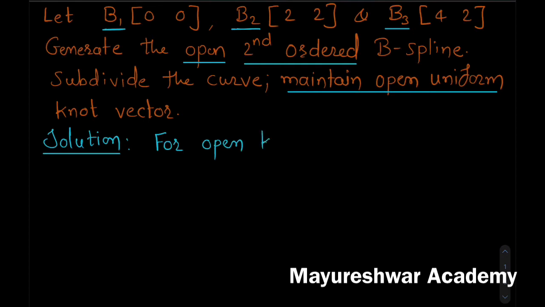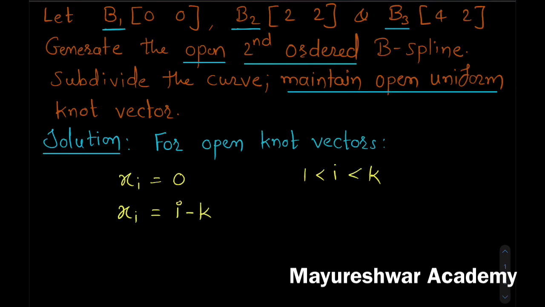So for open knot vectors, the recursive relation is: x_i is equal to 0 if i is in the interval 1 to k, and x_i is i minus k when i is in the interval k plus 1 to n plus 1.